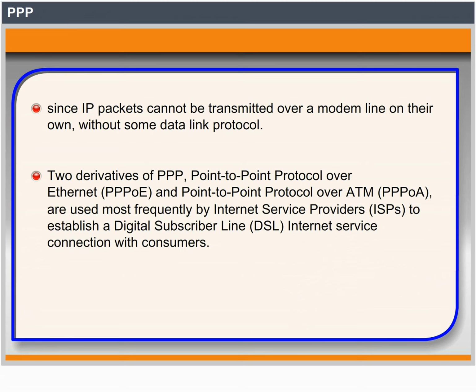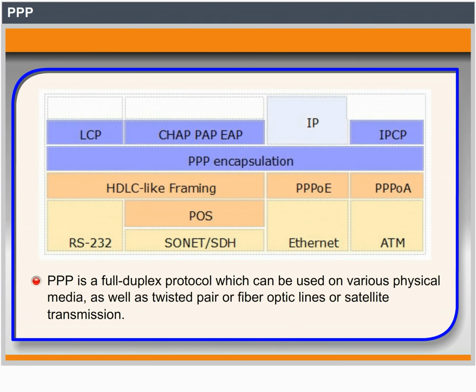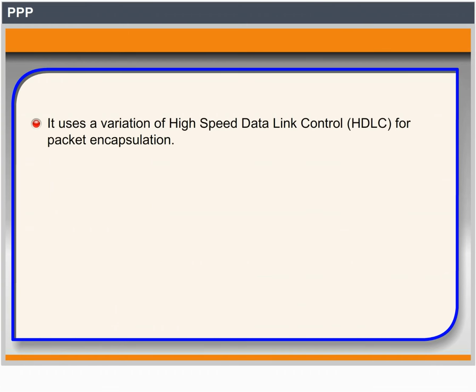PPP is commonly used as a data link layer protocol for connection. PPP is a full duplex protocol that can be used on various physical media, including twisted pair or fiber optic lines or satellite transmission. It uses a variation of high-level data link control or HDLC for packet encapsulation.